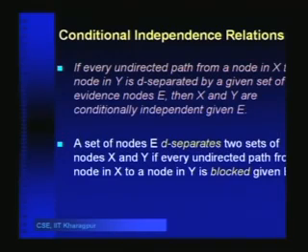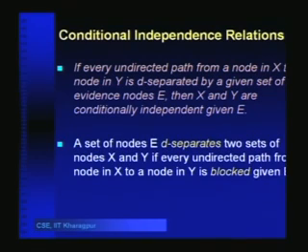Okay. If every undirected path from a node in X to a node in Y, where X and Y are sets of nodes in the Bayes network, is d-separated by a given set of evidence nodes E. Evidence nodes are the nodes whose variable values are given, like when we say probability of John calls given alarm.